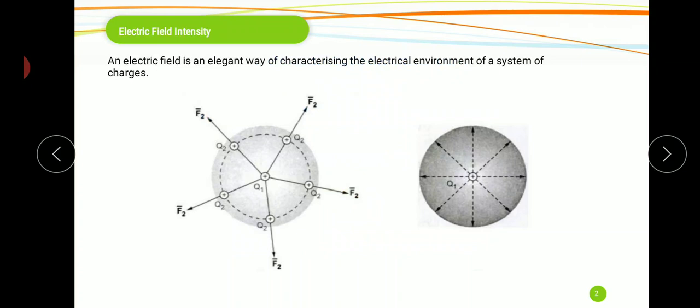So Coulomb's law is expressed in the form of the equation F equals 1 by 4 pi epsilon naught Q1 Q2 by R square.